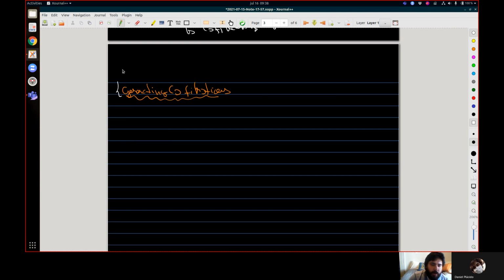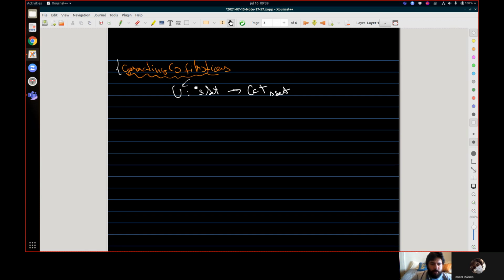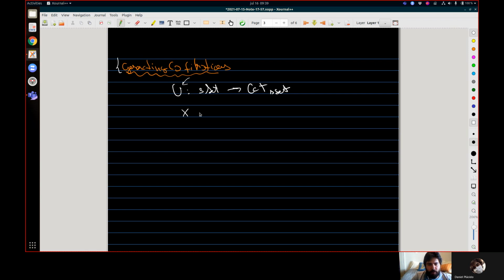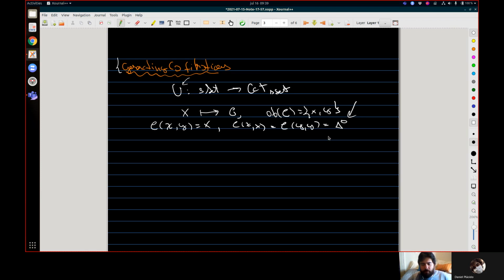Before I define this, we need to define a functor U that goes from SSet to SCat, because our generating cofibrations will be the image of some morphisms by this functor, which will take a simplicial set X to a category C, such that C has exactly two objects, x and y, and we have that C(x,x) equals C(y,y), which equals the terminal object in SSet, the zero standard simplex.